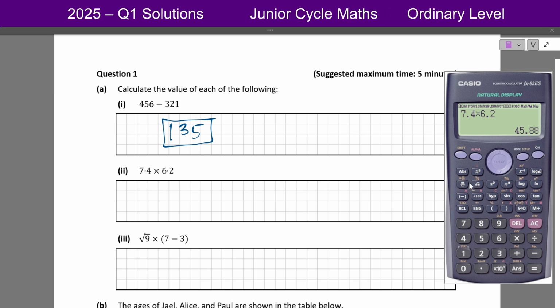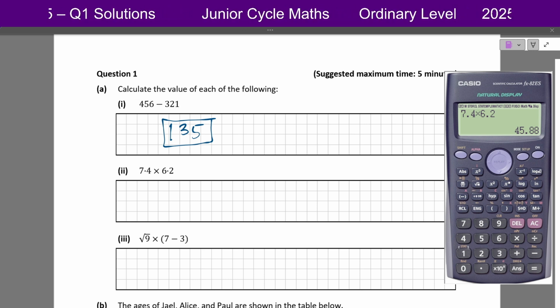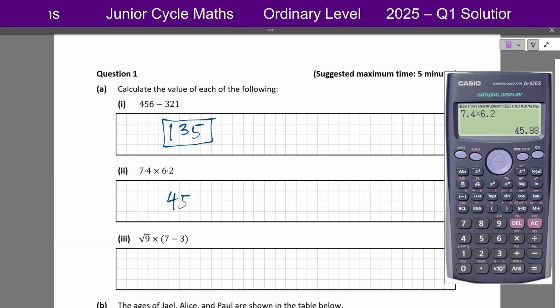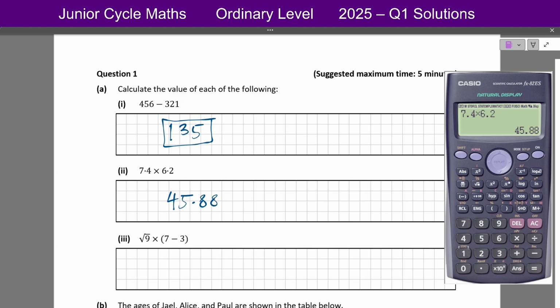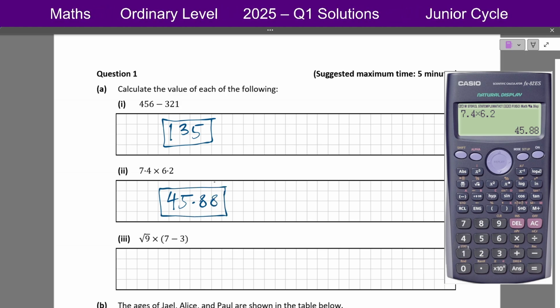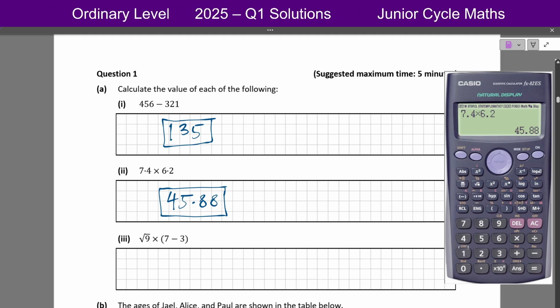If we use the SD key, we get the answer 45.88, and that is the answer for part number 2.